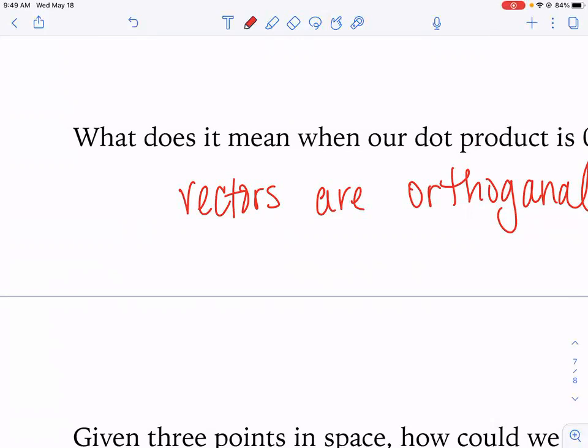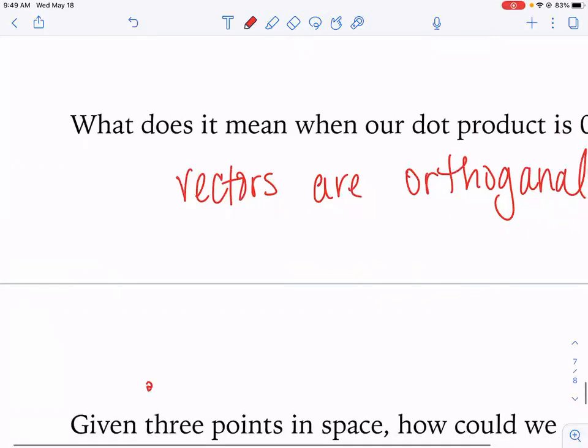What should be true about the first point to the second point compared to the second point to the third point? If these are on the same line, then their slopes should match, right?